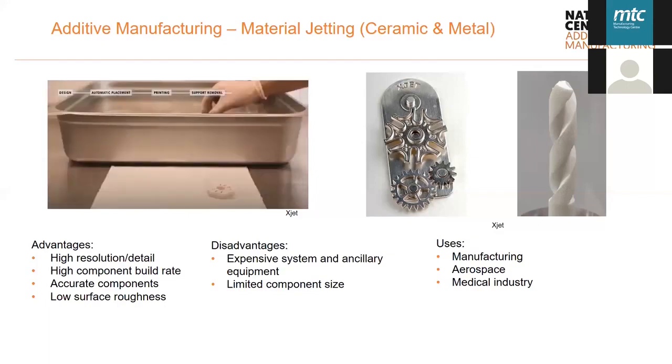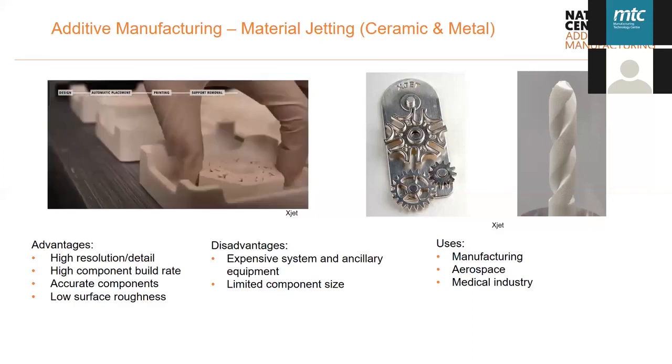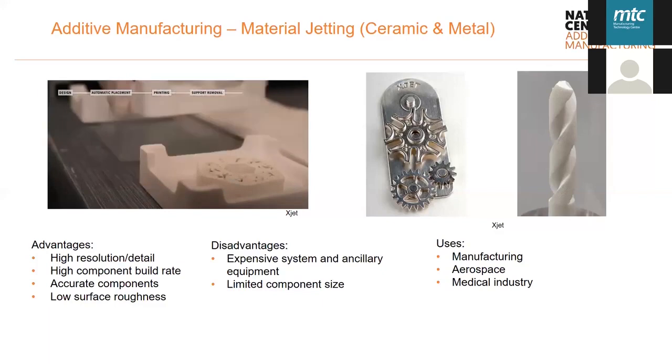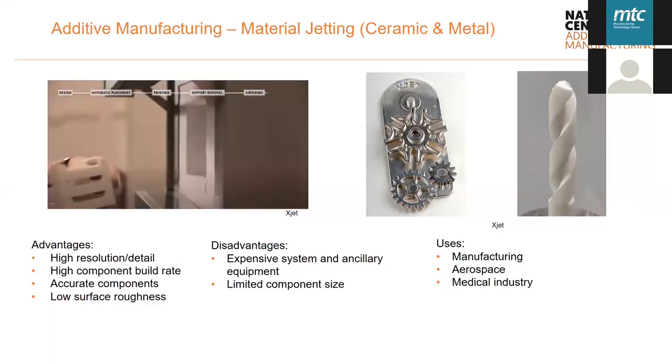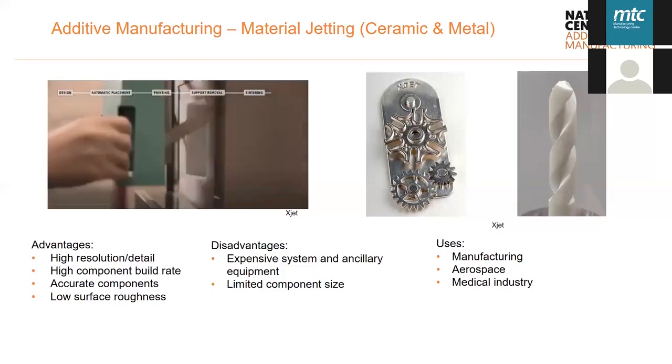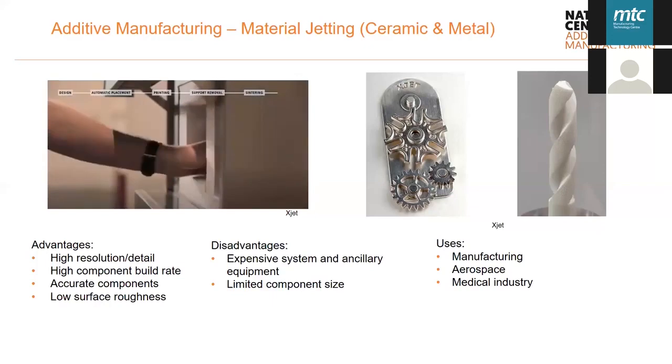You're also limited in component size in some cases. Again, this is driven most likely by the sintering step. It can become more difficult to sinter larger components. Some of the use cases for these components are high value manufacturing, aerospace, and also the medical industry.